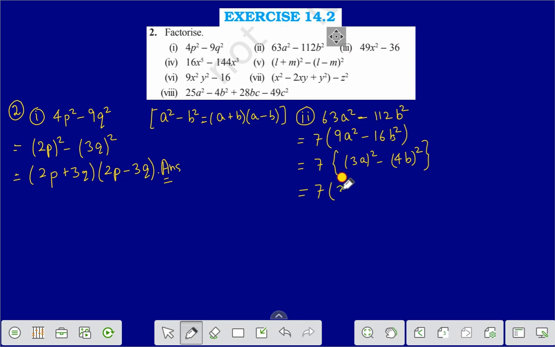We are getting 7 into (3a plus 4b) into (3a minus 4b). That is the answer of question number 2.